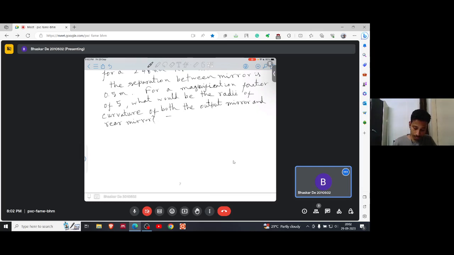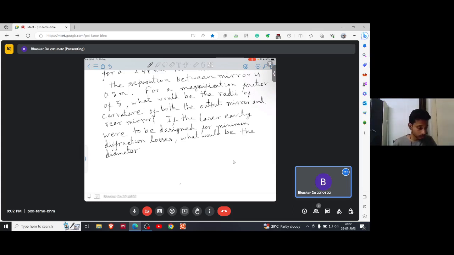Another question is, if the laser cavity were to be designed for minimum diffraction losses, what would be the diameter of the output mirror?